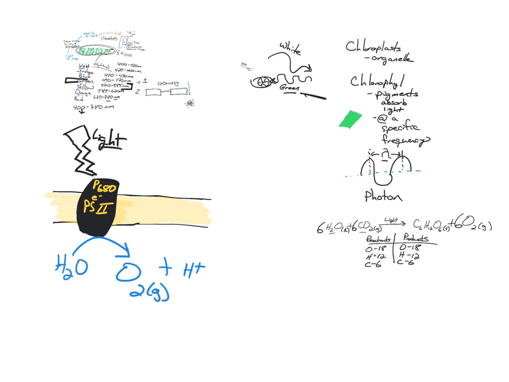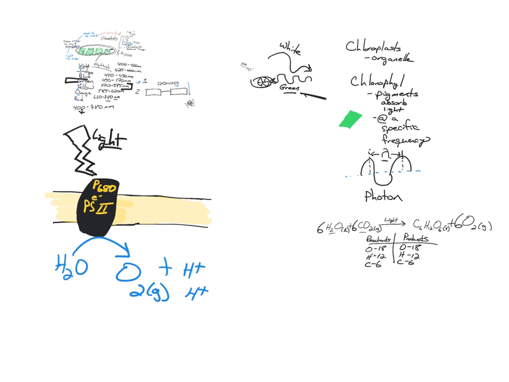Now once that happens, this electron is ripped off. Where did that electron come from? It came from the hydrogen. These hydrogens are not floating in the air or in the lumen, but the electrons were ripped off. That electron is going to be used to make that high energy.